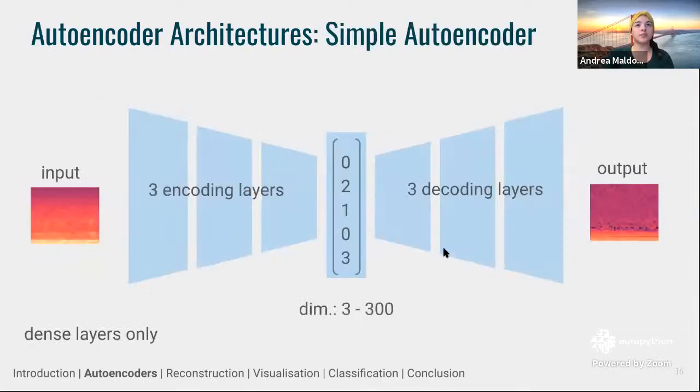So for the simple autoencoder, we tried having three encoding layers and three decoding layers. Here you can see some example pictures of how it looks on the left and how it looks on the right. We used dense layers only, and we experimented with vectors between the dimensions of 3 and 300.